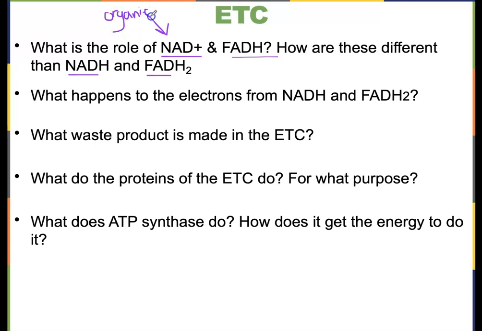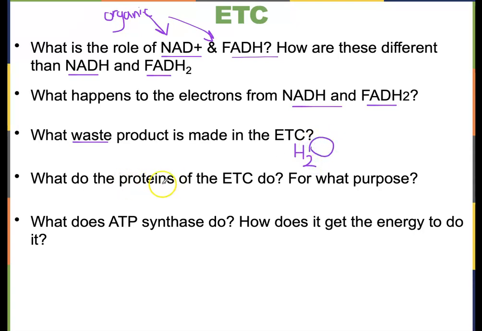Slowly, we're transferring those electrons to NAD plus and FAD, so they're reduced. Once they come to the electron transport chain, they give the electrons to the chain. The electrons are donated to the chain, and when they leave these molecules, they lost the electrons, so they become oxidized and can be recycled to move more electrons. What waste product is made in the electron transport chain? Remember, water was made in the electron transport chain.